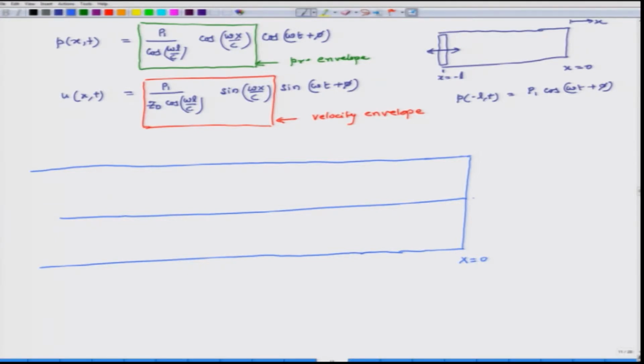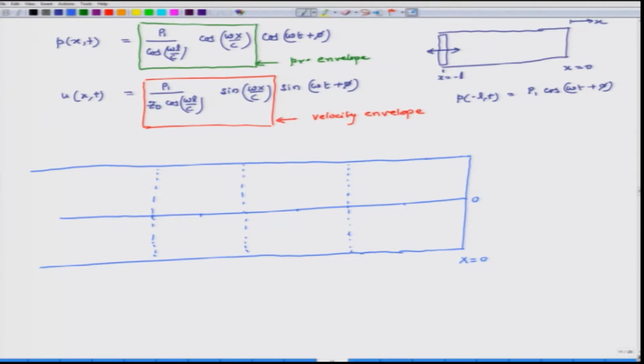On the vertical axis this is 0, and I will make some graduation points with the hope that using these I will be able to draw a better figure. So, first we are going to draw the pressure envelope.